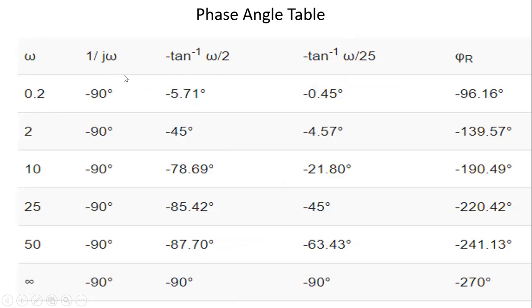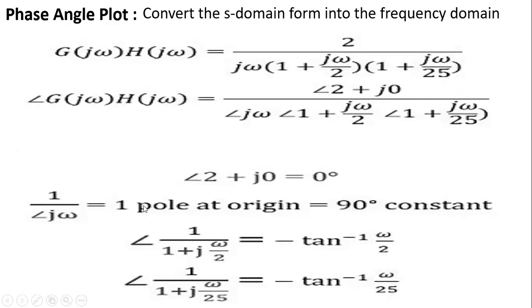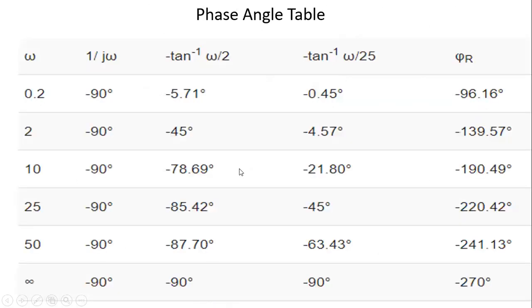So my 1 by j omega, as we have seen, is one pole at origin, so 90 degrees is constant in this. And then we go on replacing omega values here. Since 1 by j omega is constant throughout, we will have minus 90, minus 90, minus 90. Whereas for minus tan inverse of omega by 2, if we replace omega equal to 0.2, minus tan inverse of 0.2 by 2 is equal to minus 5.71 degrees.